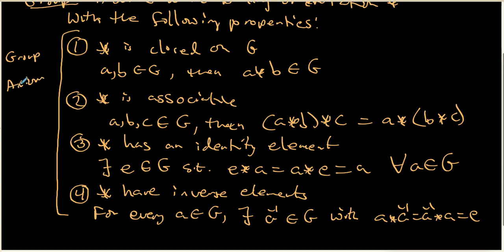Anything that has all four of these properties is called a group. Like I said, groups are usually the bulk of what you study in the first course in abstract algebra.